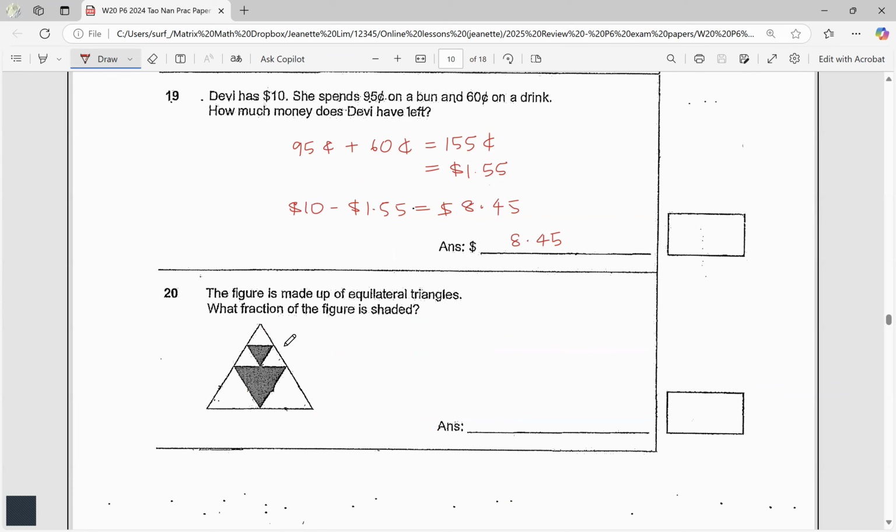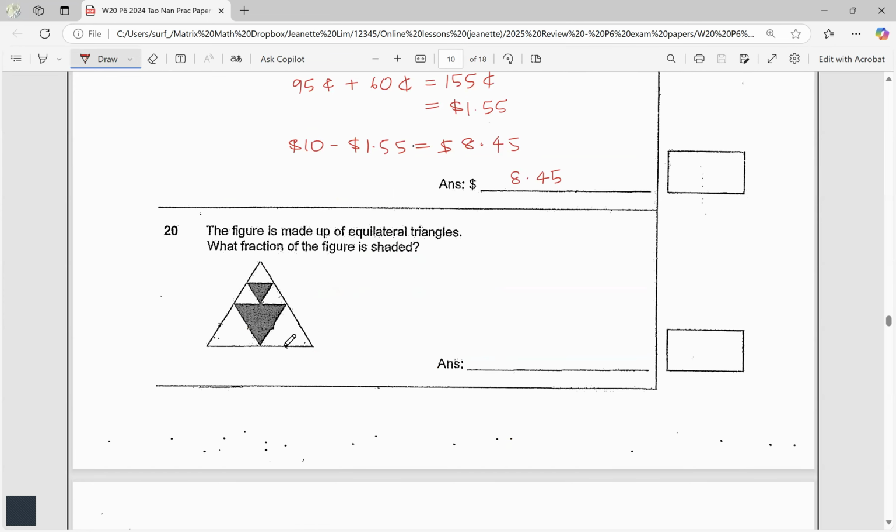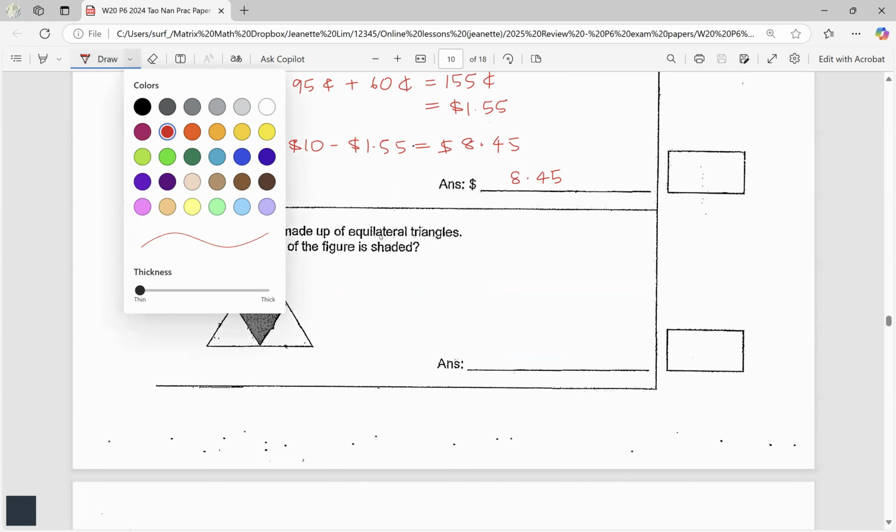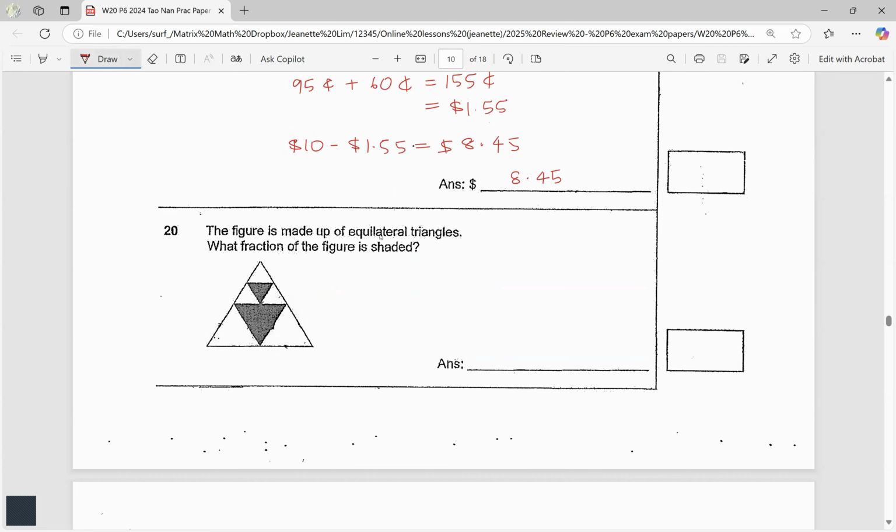Next, question 20. Figure is made out of equilateral triangles. So what fraction is shaded? So what you can do is to split the diagram up into smaller triangles. So can you see that one big triangle can be split into 4 small triangles? So you do the same.